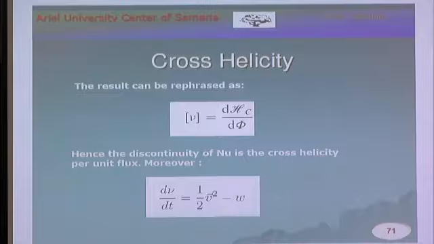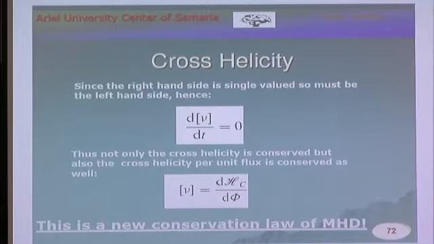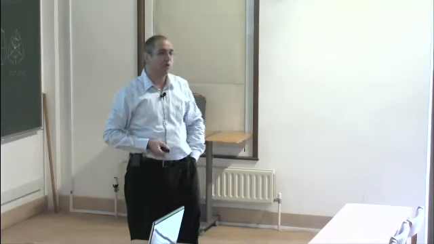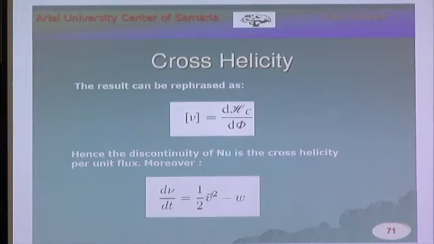We got a variational equation for nu, which says that the material derivative of nu is half v squared minus the enthalpy, the specific enthalpy. But look at those sides. The right side of the equation is obviously single-valued, because V is a single-valued function. It's a physical function, and so is the enthalpy.